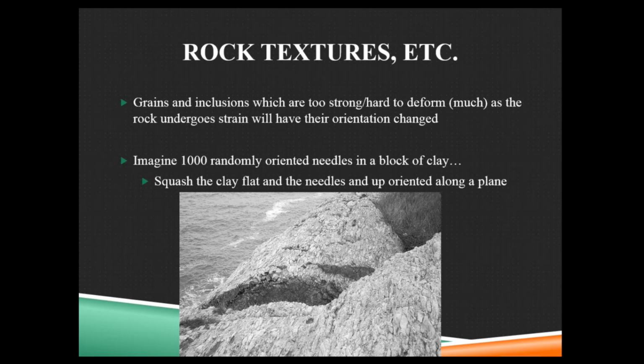I mean, if you squish it down to be paper thin, or I guess needle thin, the needles will be all perfectly horizontal in orientation. They'll still be scattered within that plane as far as whether they're pointing north, south, east, whatever, but they'll all be laying horizontal.